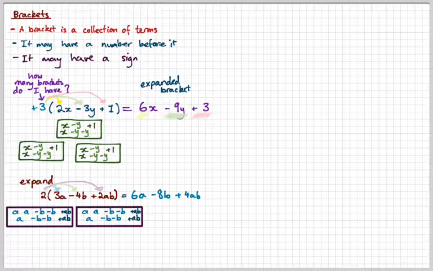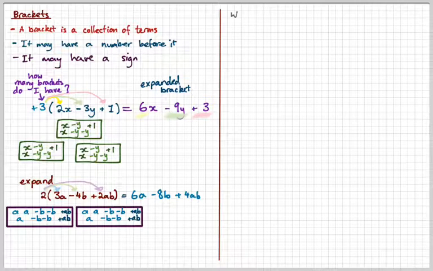And now the right-hand side of the equation is the expanded form where I've just counted up all the terms I've got. So I've got 6a's, minus 8b's, and I've got 4ab's. This is as simple as it goes. You can't simplify because these are not like terms on the right-hand side.